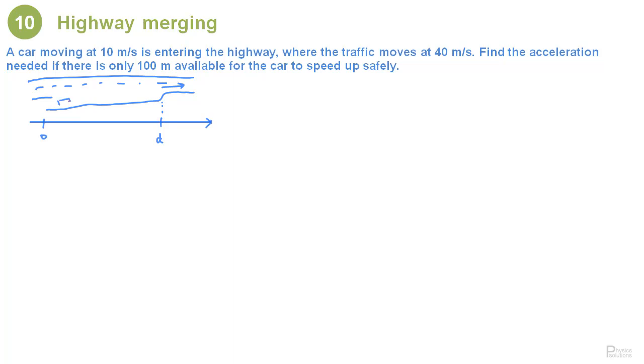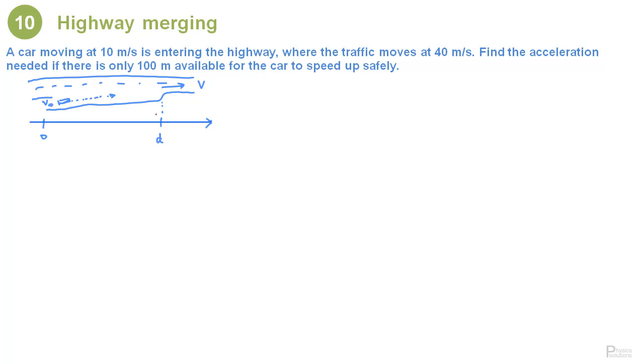So this is our car looking from the sky, and the car is accelerating here on the side of the highway so it can enter moving at the same speed as the traffic. So we know the final velocity is 40 meters per second. We know the initial velocity, which we usually call v0, and we know the distance. That is the cartoon of the situation.